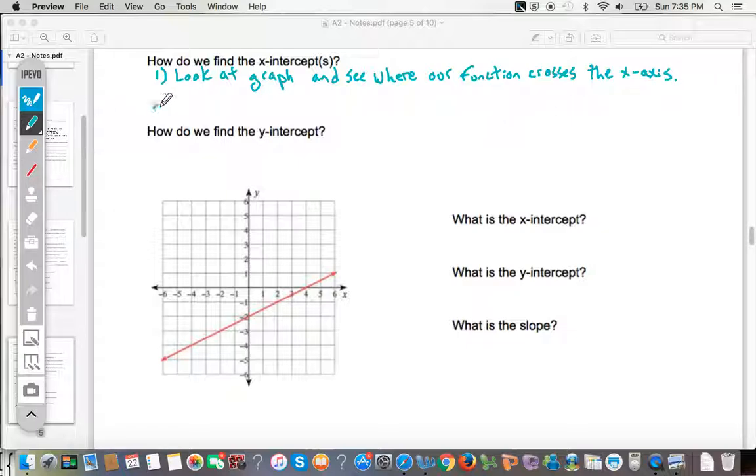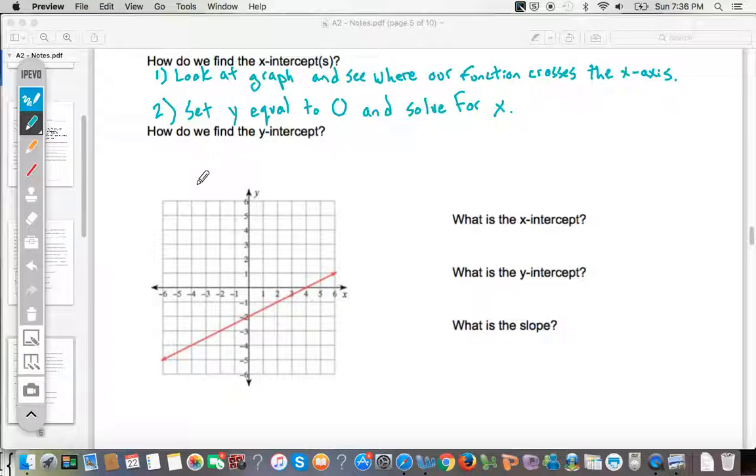Okay? Or we can set y equal to 0 and solve for x.